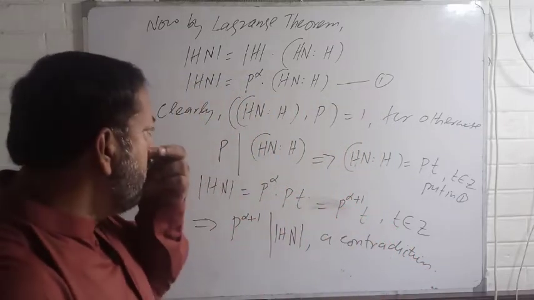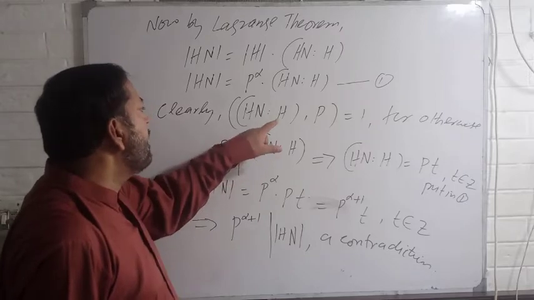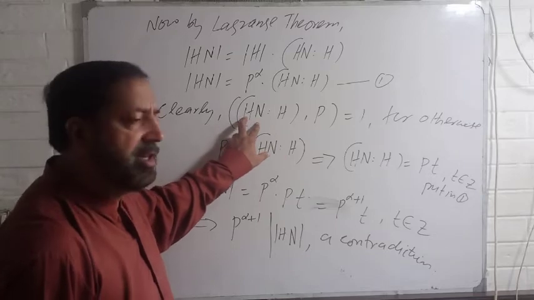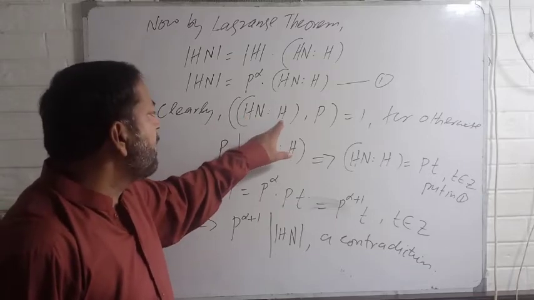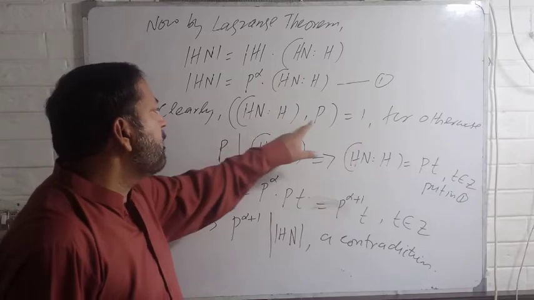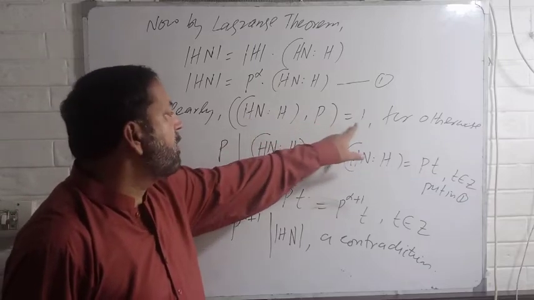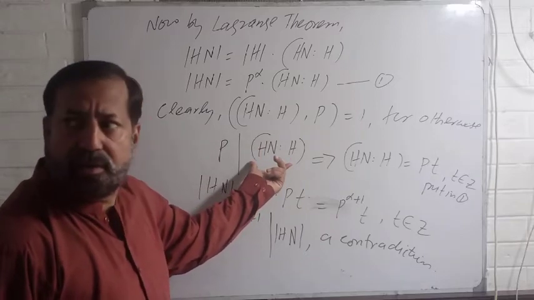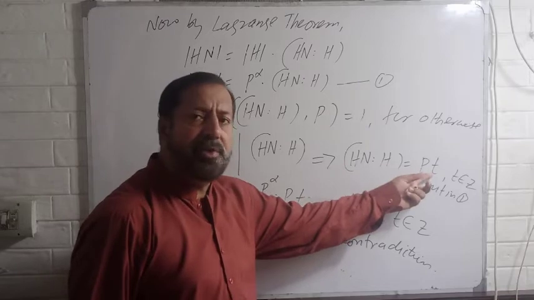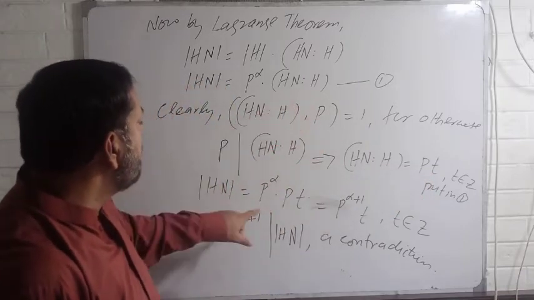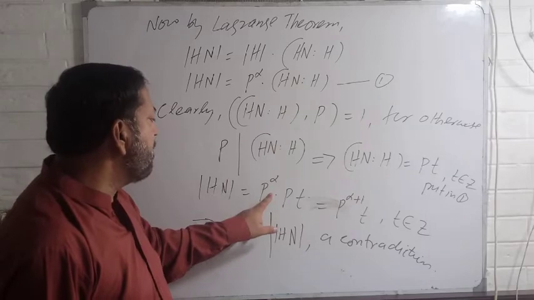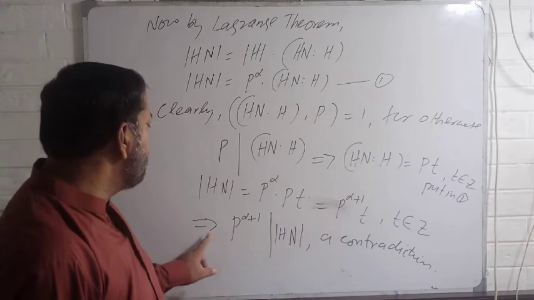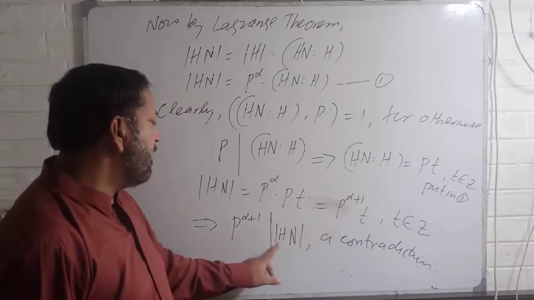One thing we have established: since H is a Sylow-p subgroup of HN, the index of H in HN must be prime to p. If not, then p is a divisor of this, and by the definition of division, this must be equal to some pt. Putting here, the order of HN is equal to p power alpha times pt, which is equal to p power alpha plus 1 times t, and this implies that p power alpha plus 1 divides the order of HN.